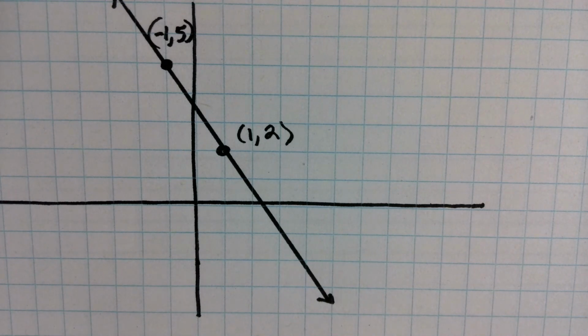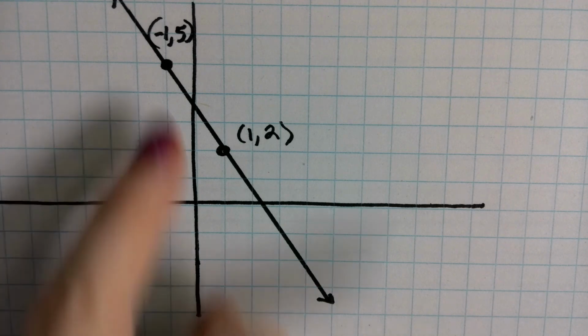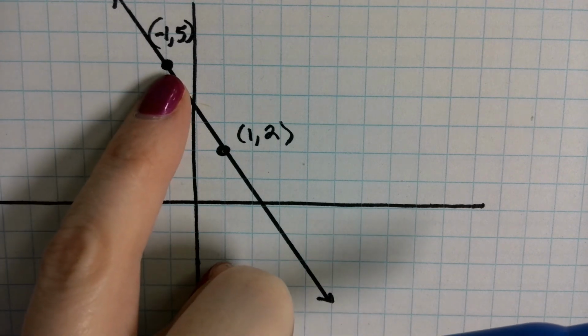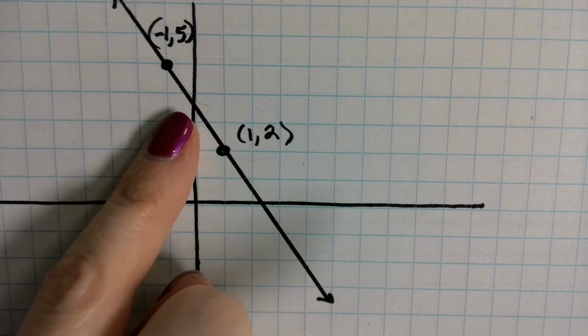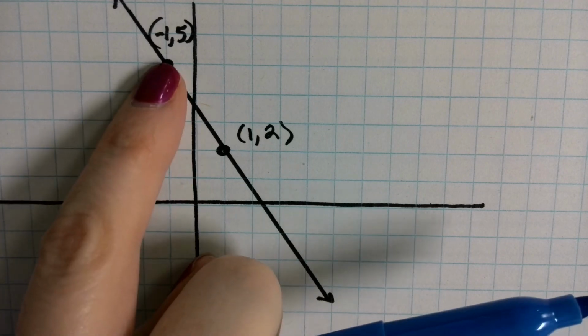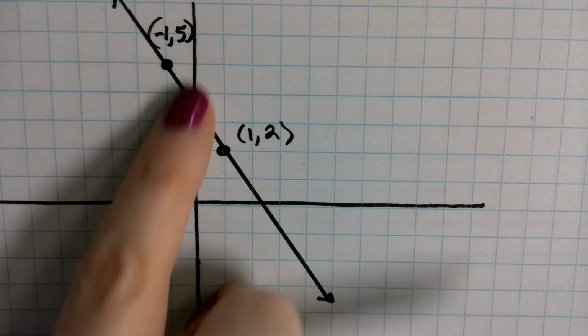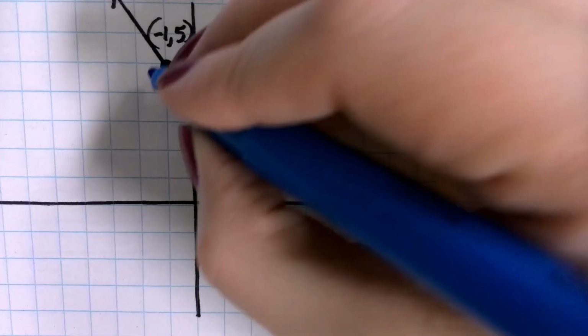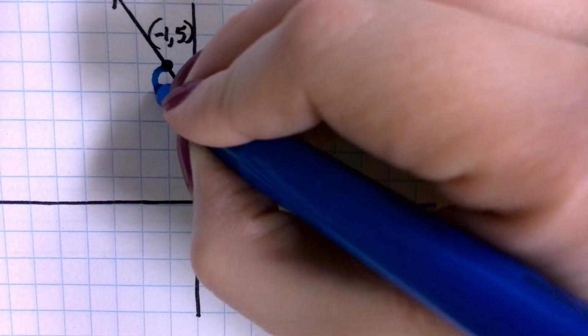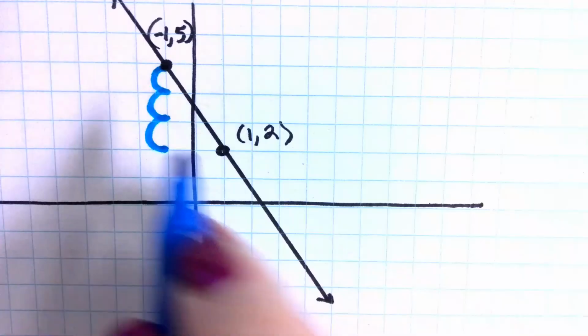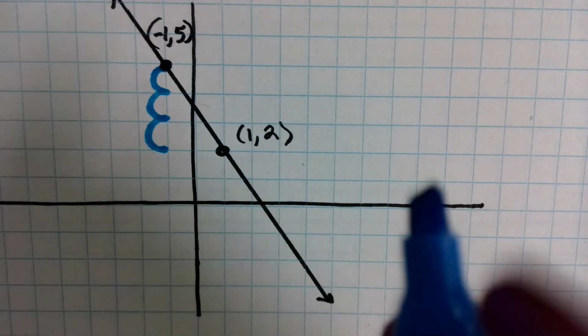Now again, we read the graph from left to right, so I'm going to start with this point, and my rise, is it going to go up or down? Down. It has to go down to get to the next point, which is a negative rise. 1, 2, 3 spots to get down to that level.